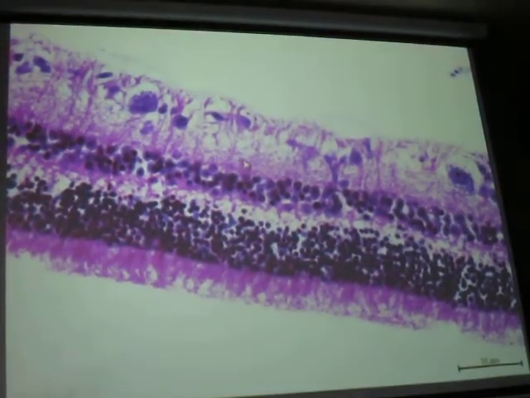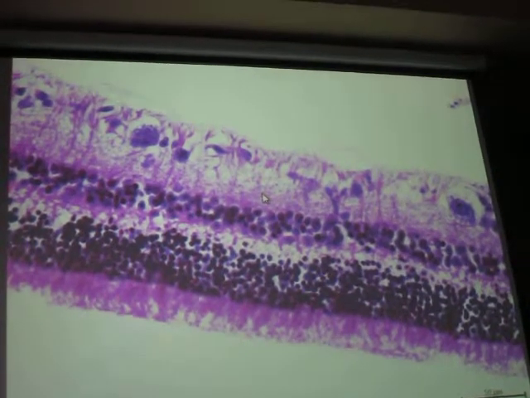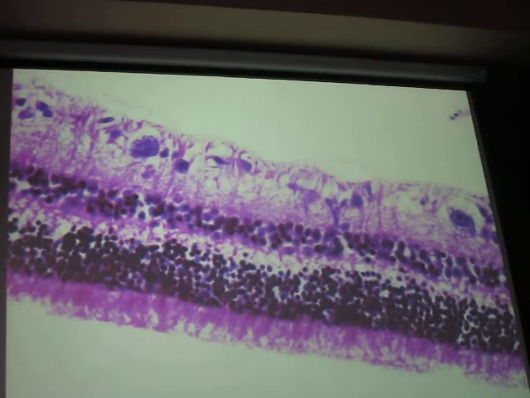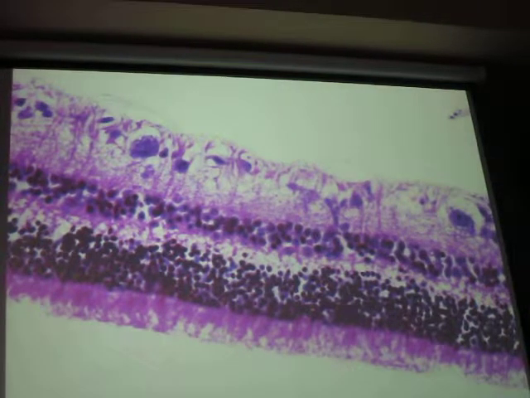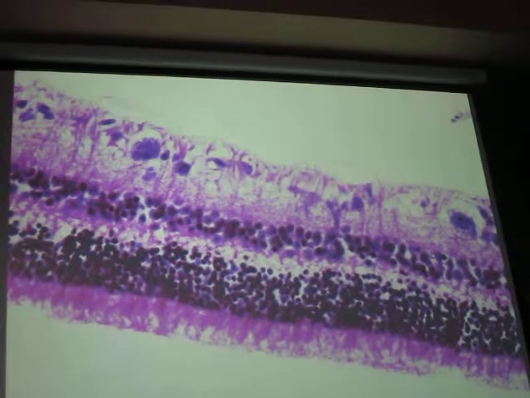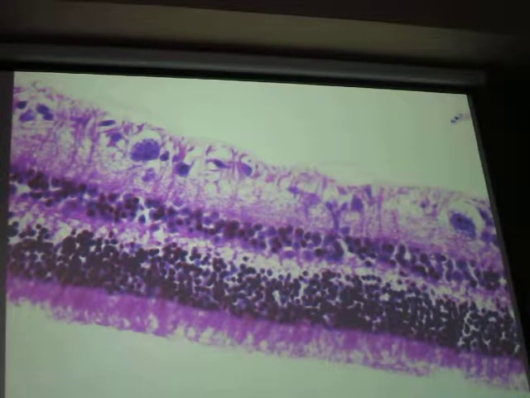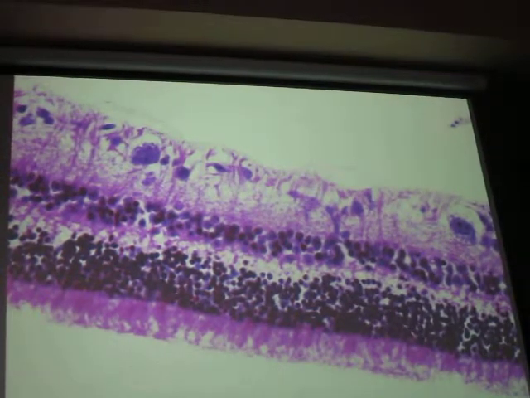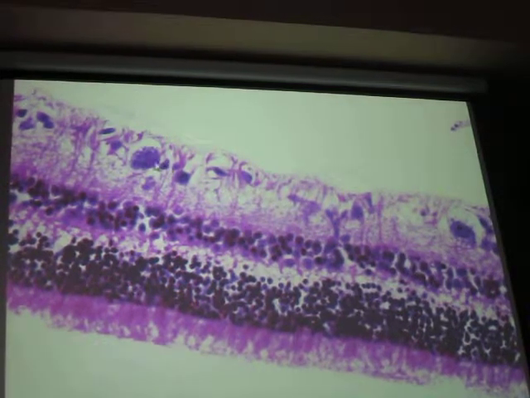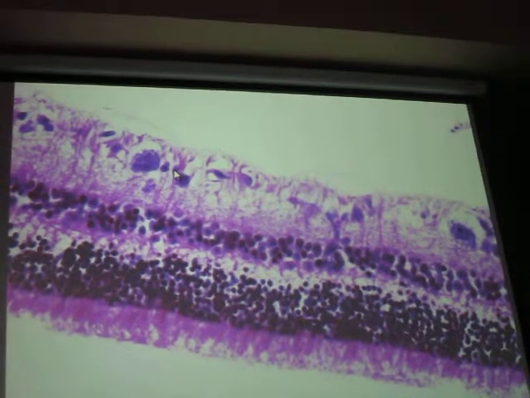So how will you be able to identify the 10 layers of the retina easily? You only have to remember three cellular layers, where you have the cell bodies.